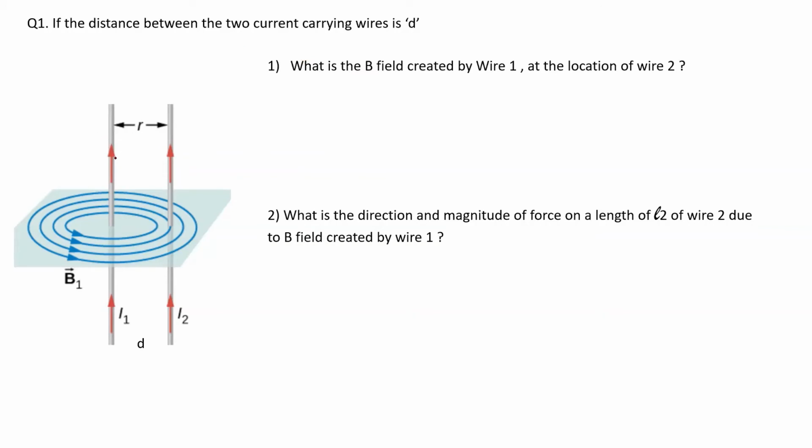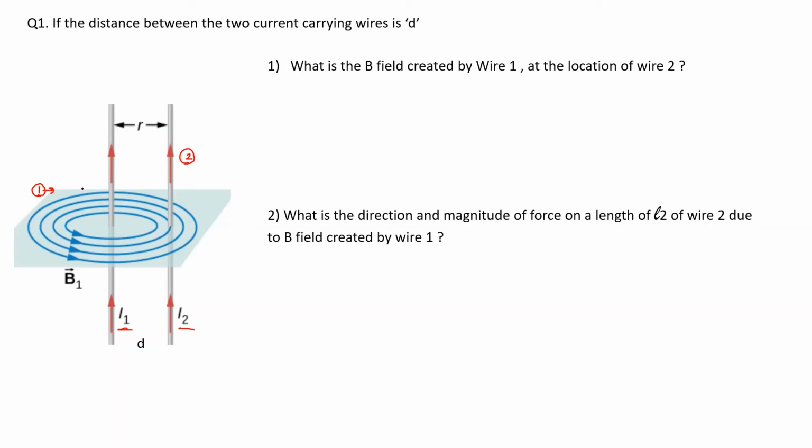So here are two wires carrying different currents. They can be equal or different, we don't care, but they are carrying currents. When there are current carrying conductors, each wire will have a magnetic field around it. In this example, I have drawn the magnetic field of the first wire. In the same way, the second wire will also create a magnetic field around it.